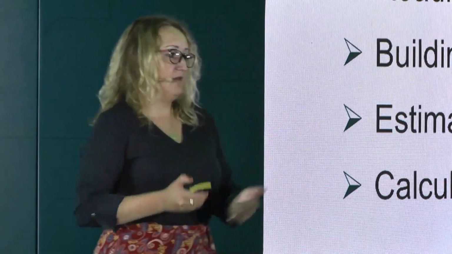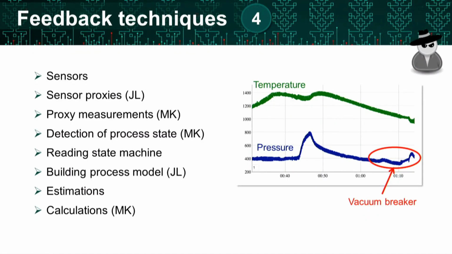So, number 4: which techniques do we know from the feedback tactic? For example, the implosion experiment which I showed you at the beginning. Let's imagine that we want to cause an implosion on a pipe, for example a water or gas pipe. How do we know that our attack was successful?